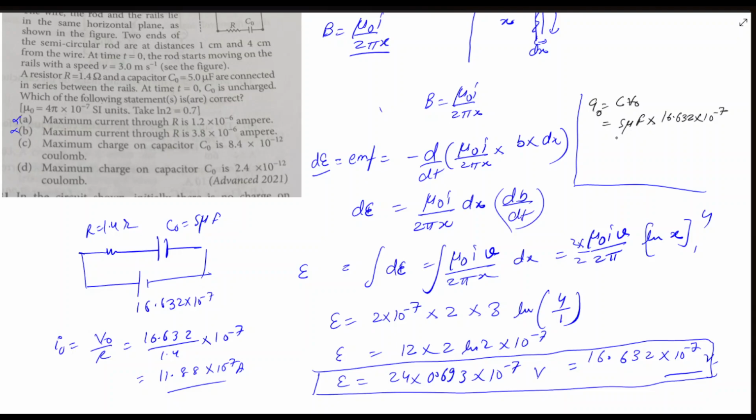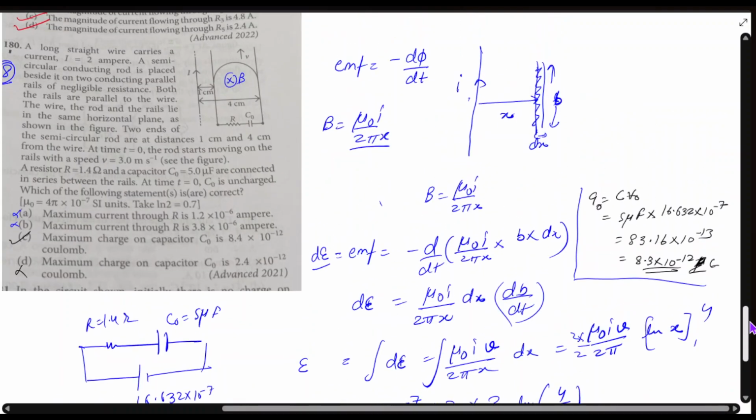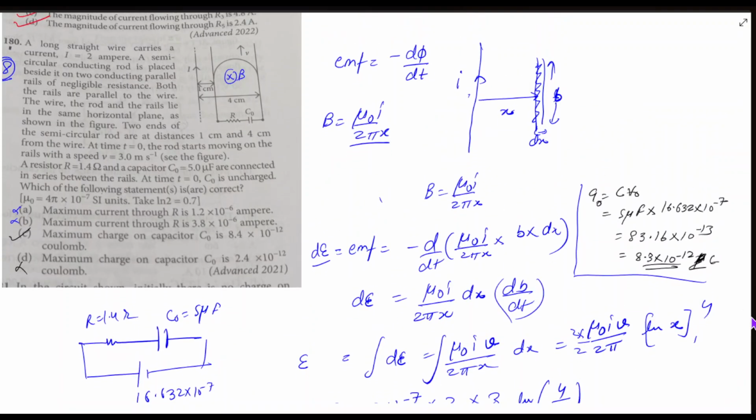So 16.632 into 5, you'll get 83.16 into 10 raised to the power minus 13. So we can write it as 8.3 into 10 raised to the power minus 12, oh, so it will be coulomb. So option C is correct. Okay, so B is wrong, of course. So we get C as the answer.